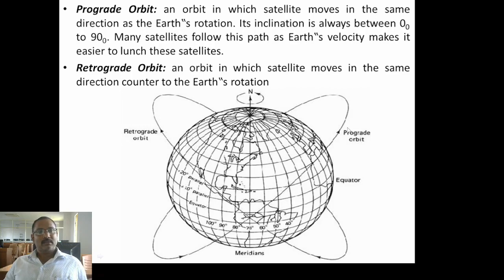The next term is the retrograde orbit, an orbit in which the satellite moves in the direction counter to the Earth's rotation.